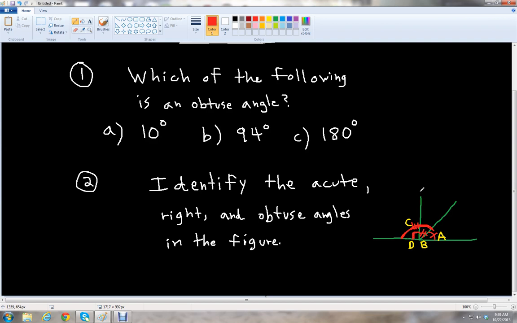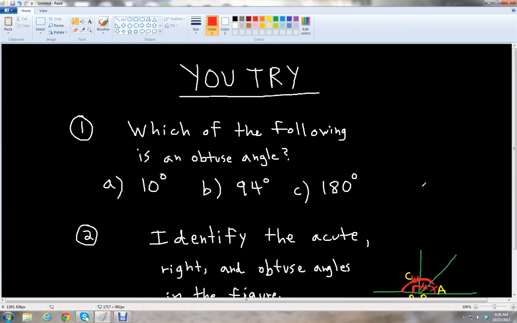So identify the acute, right, and obtuse angles in the figure. And so I'll give you some time to work out these two problems. Feel free to pause and rewind the video if you need to review the definitions of acute, right, and obtuse angles. And we'll go over the answers.